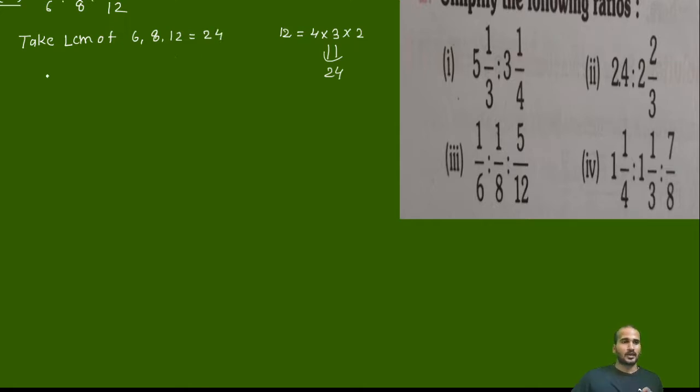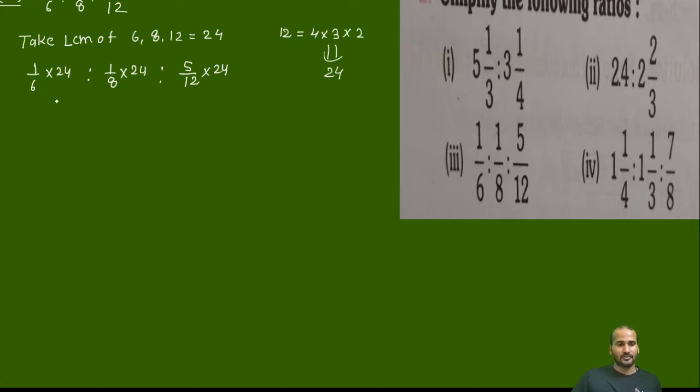Now, this number 1 upon 6, just multiply with 24 ratio. This is 1 upon 8, just multiply by 24. This is 5 by 12, just multiply by 24. So tell me one thing, am I changing anything? No, I'm not changing anything, because I'm multiplying 24 in both terms.